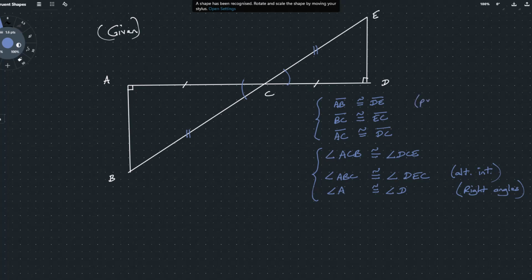That's every part of the triangle. Pythagorean theorem. That's all the parts of the triangle, so I can say definitively triangle ABC will be congruent to triangle DEC.